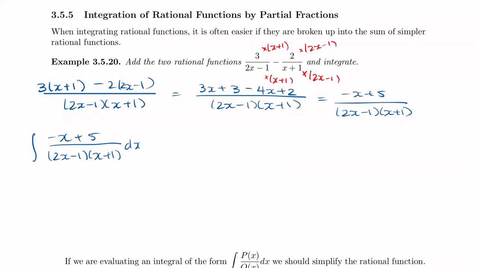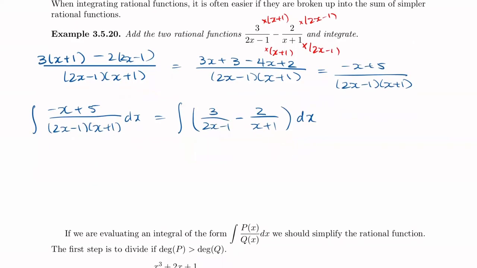So that means I could break this up. I could change this back into this expression here. So that means the integral of 3 divided by 2x minus 1 minus 2 divided by x plus 1 dx. So I could just integrate each one of them. For the first one, I'm just going to have the integral of 3 divided by 2x minus 1 dx minus the integral of 2 divided by x plus 1 dx.